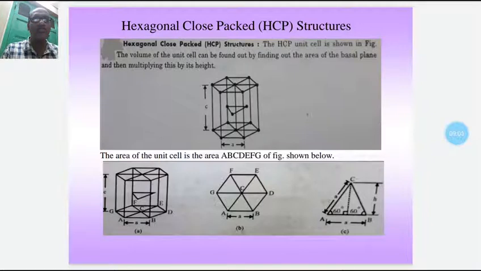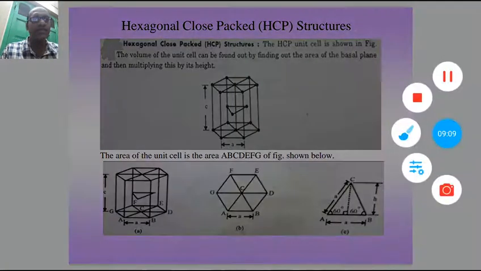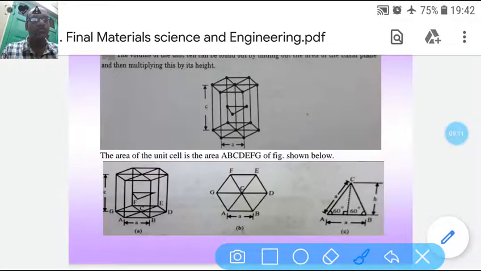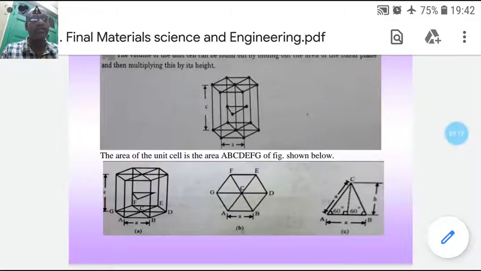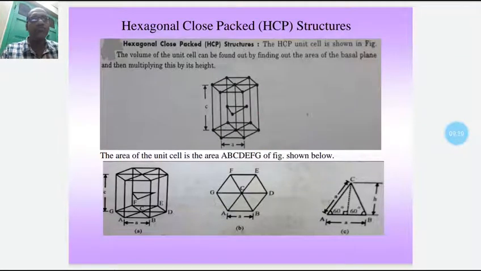The volume of the unit cell can be found by finding the area of the basal plane and then multiplying by its height. So while we are calculating the basal plane, that is the base plane, and multiplying by its height, we can find the total volume.